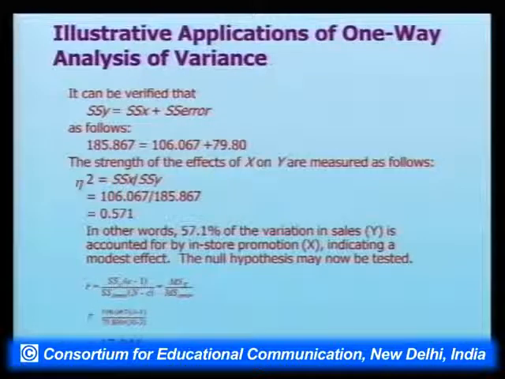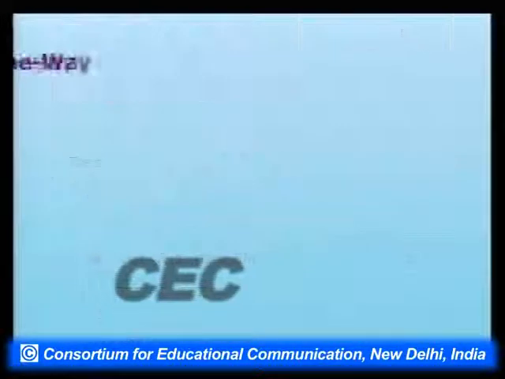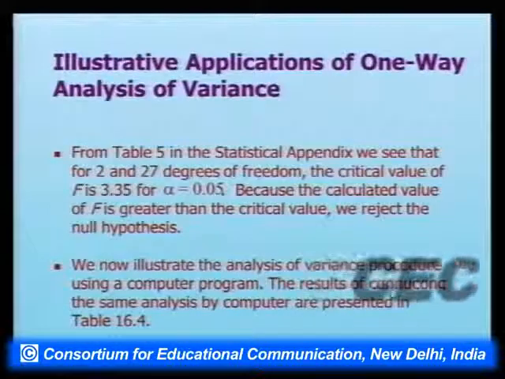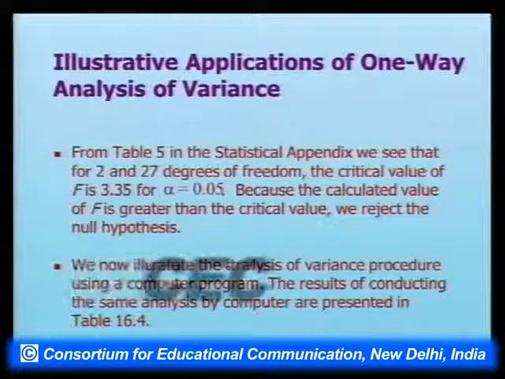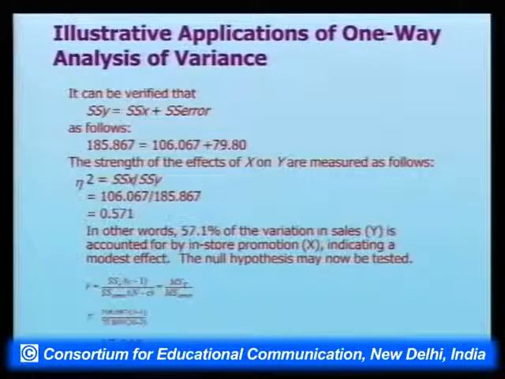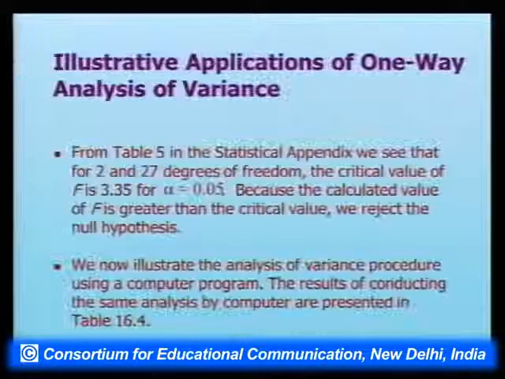Now the F value comes out to be 17.944. When we look at the table, we find that for 2 and 27 degrees of freedom, the critical value is 3.35, and this value is very much higher than the critical value. 17.944 is very much higher than 3.35. So we are bound to reject the null hypothesis.